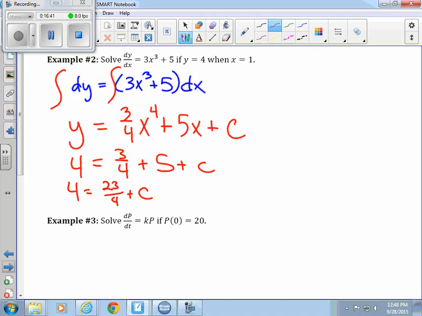Subtract that from 4, which would be 16 fourths. So negative 7 fourths. So y is 3 fourths x to the fourth plus 5x minus 7 fourths. That is a solution to that differential equation.